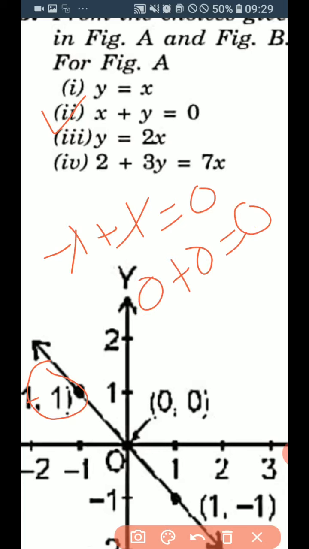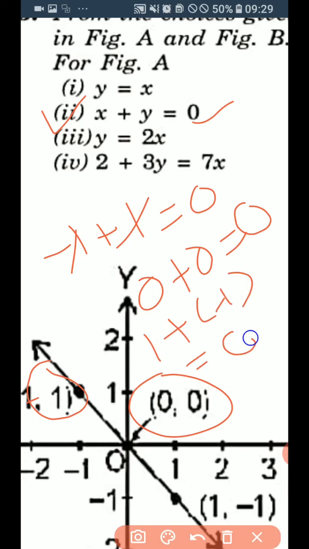So 0 comma 0 is a solution of the equation x plus y equal to 0. If I put x equal to 1, y equal to minus 1, I get right hand side 0. So 1 comma minus 1 is a solution of the given equation. Since all these 3 points satisfy it, this graph is the graph of the equation x plus y equal to 0.